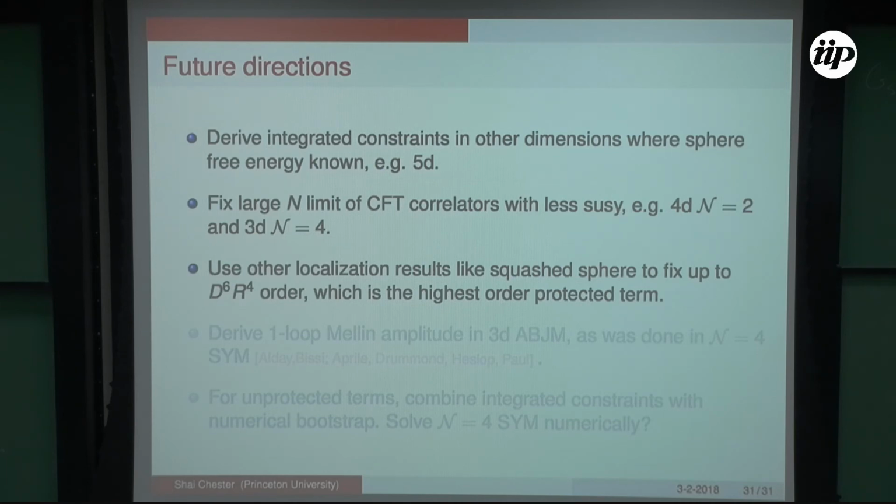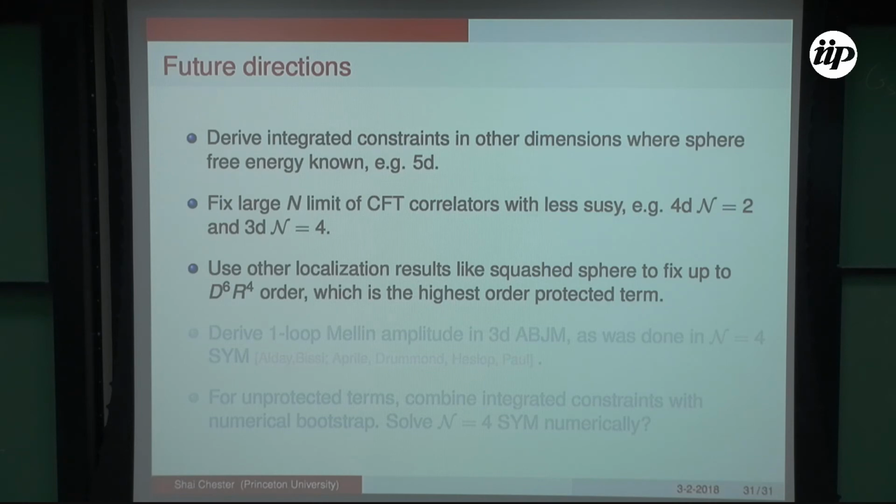But even more than that, we haven't used the squashed sphere. So the only other known independent constraint due to localization, which I think has even been proven in some cases, is you take a round sphere and you squash it, you turn it into an ellipsoid, and then you can take a derivative of the squashing parameter, and this is also related to integrals of 4-point functions of the stress tensor. And this is the case in any dimension.